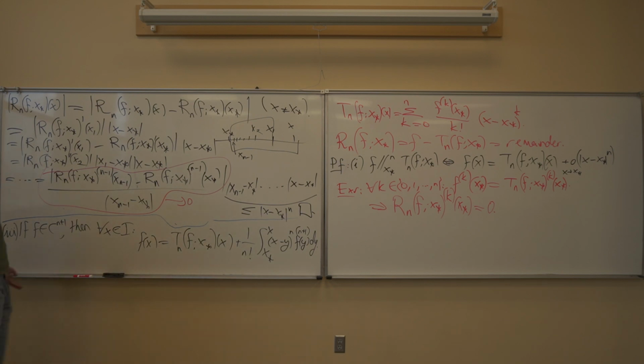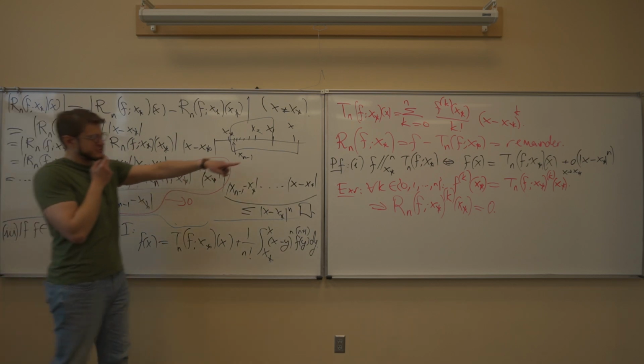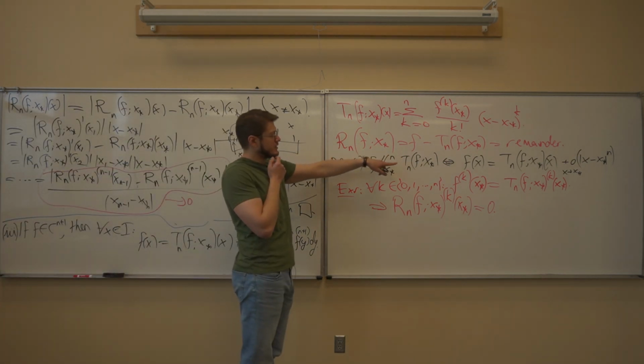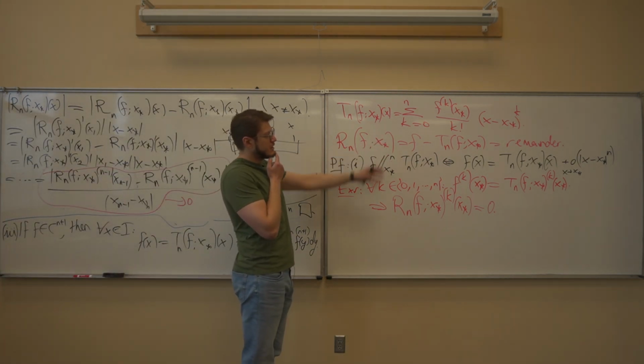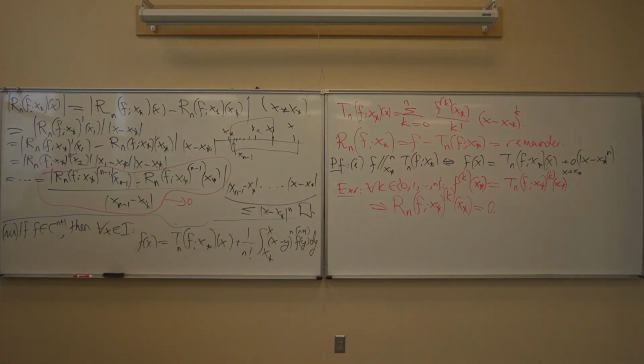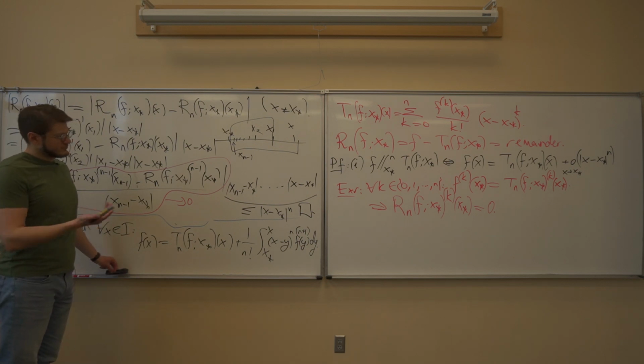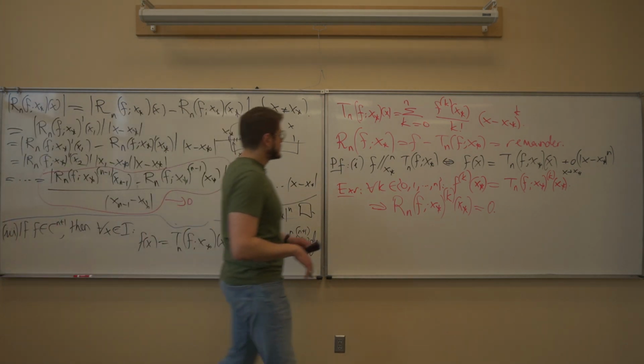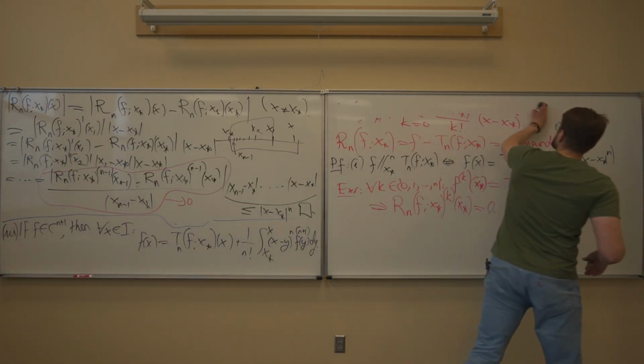So the punchline is, for the first part, tangency of order n of the Taylor polynomial, you just apply the mean value theorem n times. Or maybe n minus 1 times, finitely many times. Okay, so that's the first part.